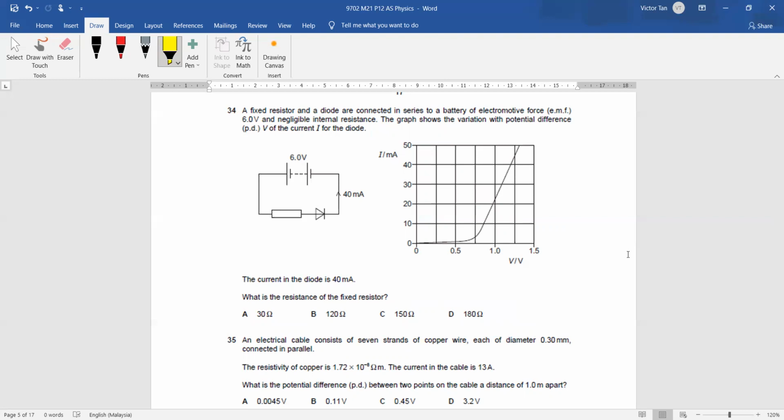What is the resistance of the fixed resistor? So 40 milliampere for the diode, it is 1.2 volt.